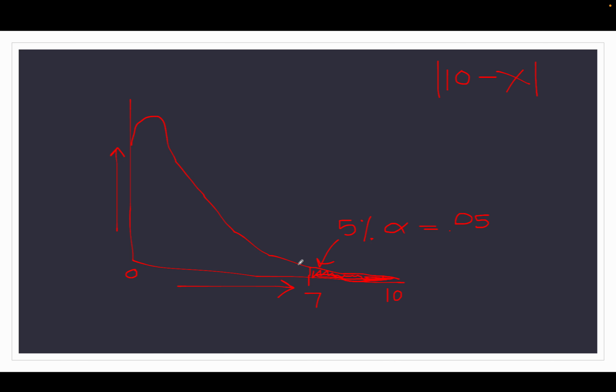So then let's say we run the battle and one beetle wins 18 battles. Then we'd have 10 minus 18, absolute value, which gives us 8.